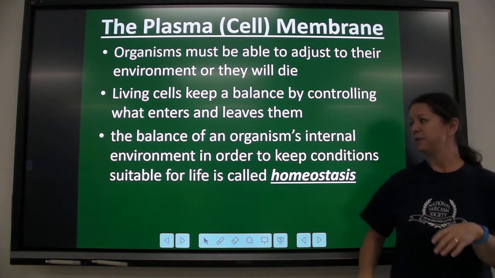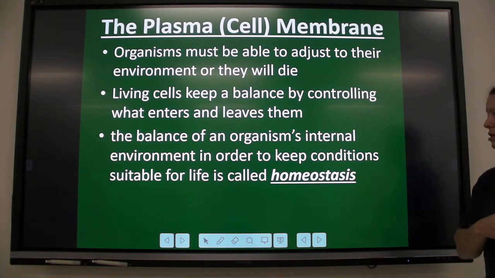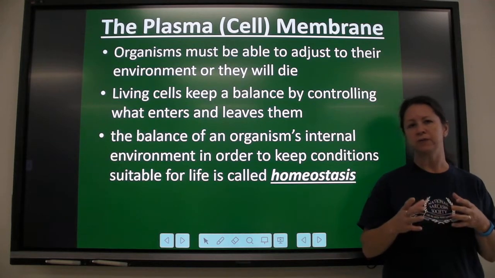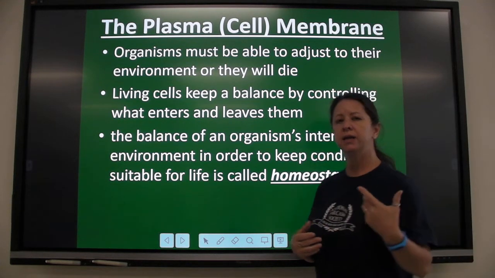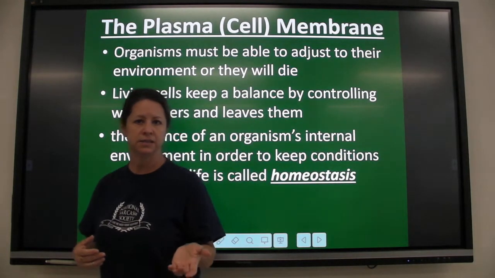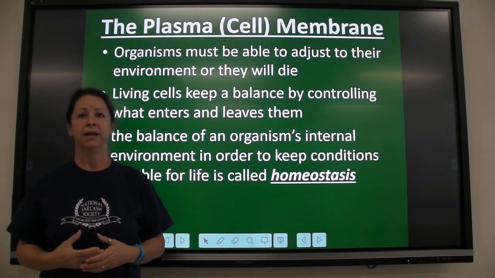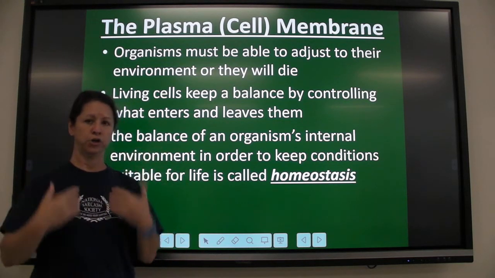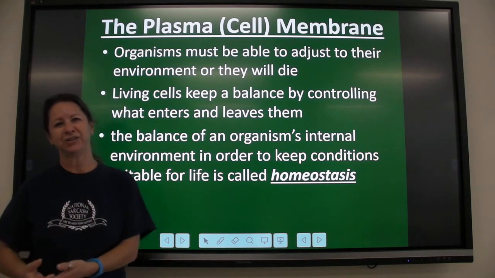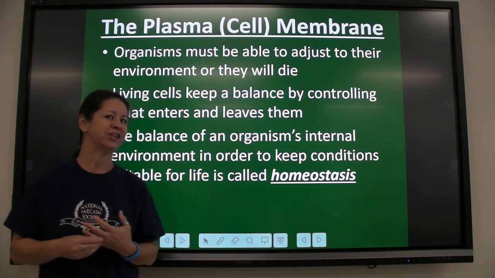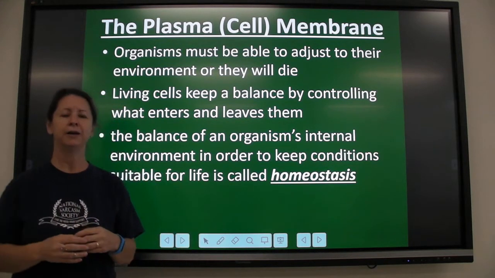Now, the balance of an organism's internal environment in order to keep conditions suitable for life is called homeostasis. A good example of homeostasis is your body temperature. We all know that the average temperature for a human should be around 98.6. And we've all really been paying attention to that lately as we worry about viruses and stuff.